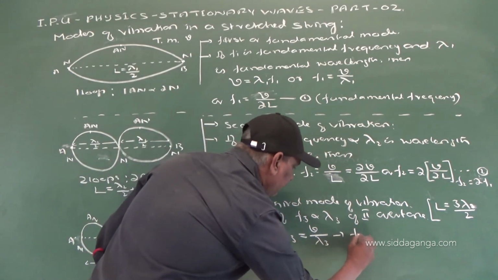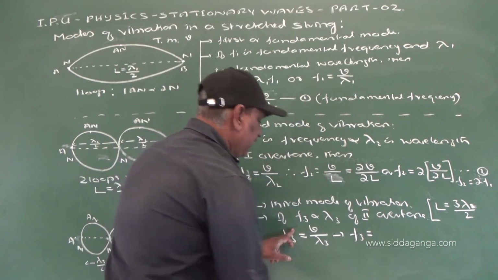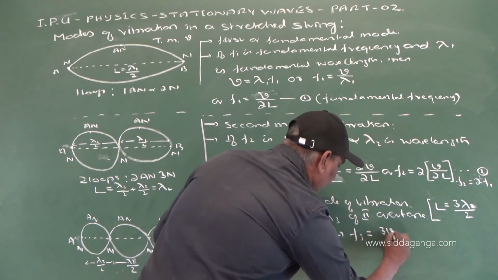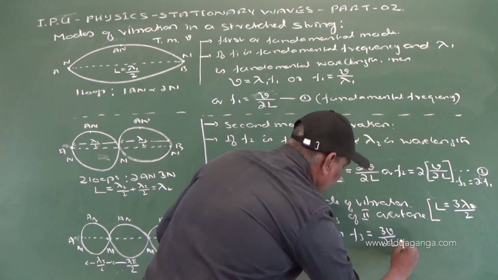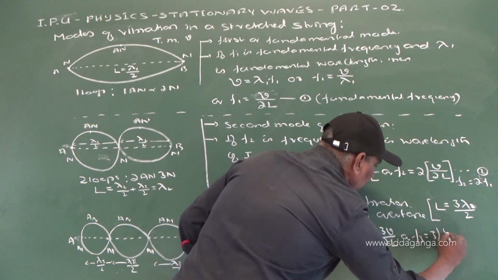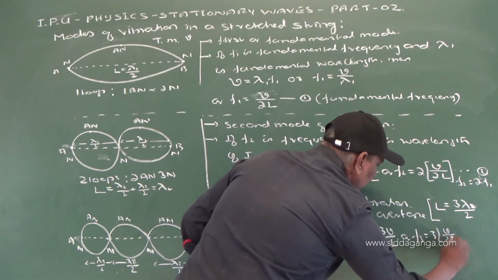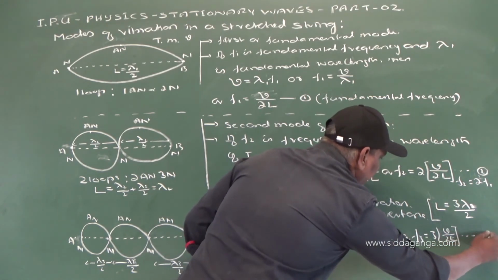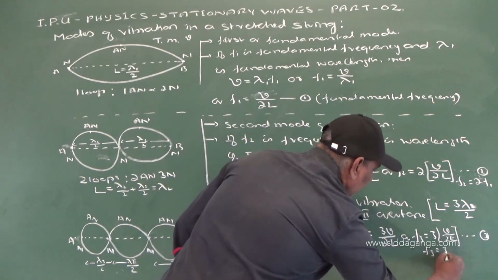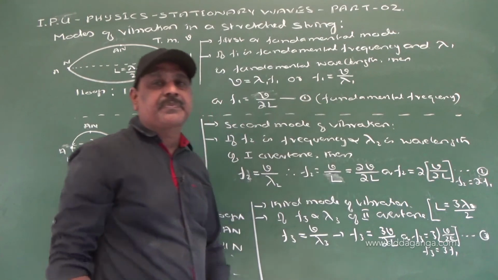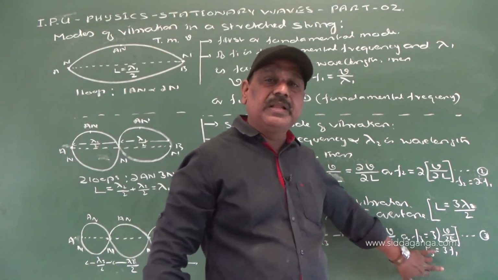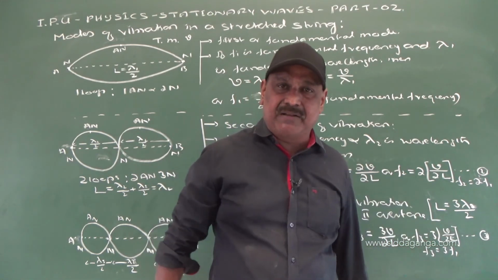That implies F3 is equal to 3V by 2L, or F3 is equal to 3 into V by 2L. This is equation 3, that is F3 is equal to 3F1. So the frequency of the second overtone is 3 times the fundamental frequency.